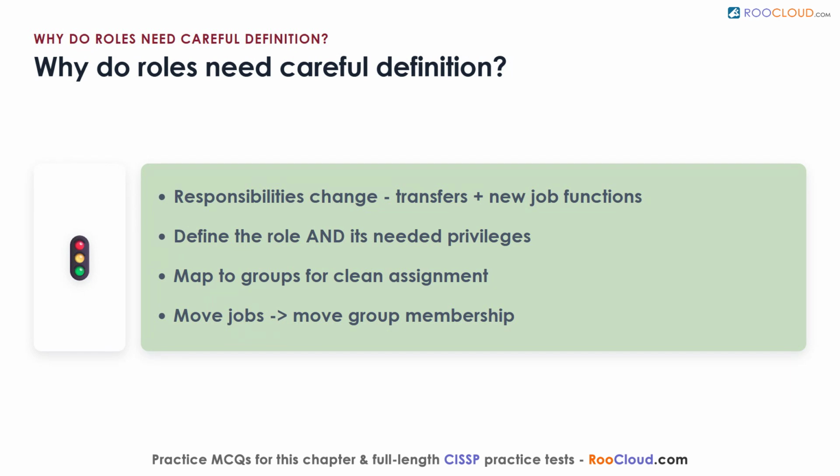You create those roles, spell out their required privileges, and map them to groups so assignment stays clean. And when a person moves between jobs, their group membership should move with them. Picture rewriting a job description and then handing over exactly the keys that role requires, no more and no less.